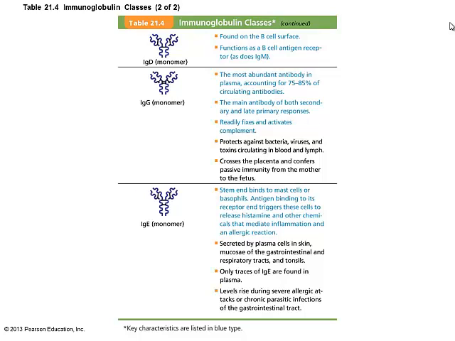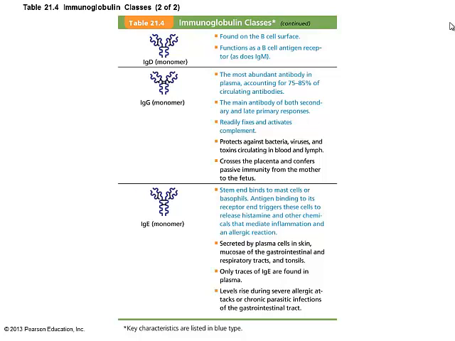Is it a binding site? No, it's on the surface of the cells, and that's what antigens bind to activate the B cells. Like a binding site for antigen. Correct. And where are the binding sites on the monomers? On those differential regions. On any of the 3. All of them, yeah. That's what makes them all different.